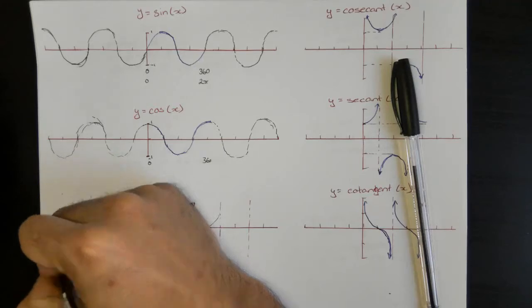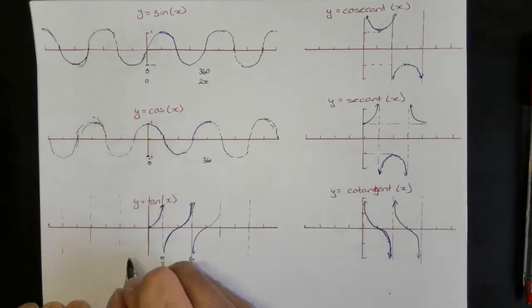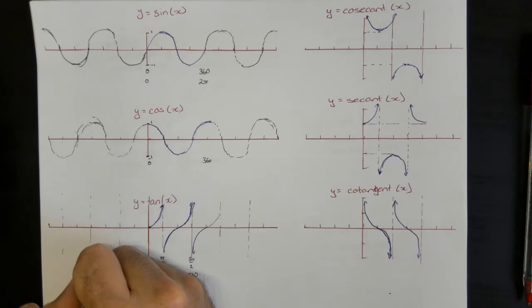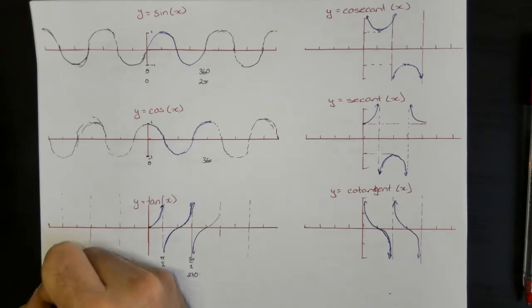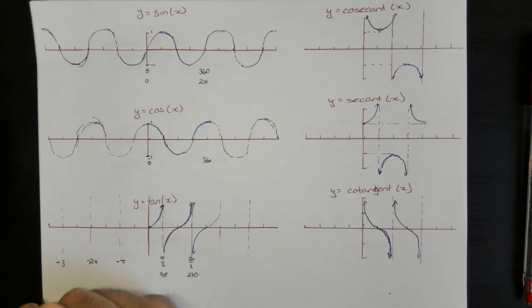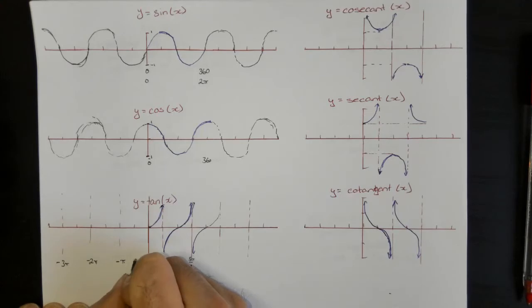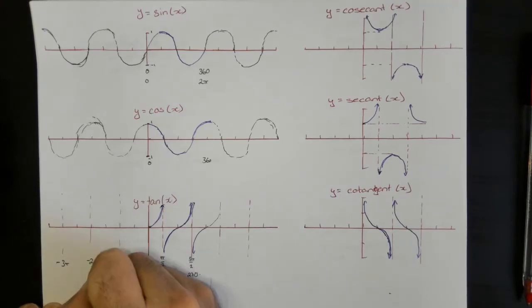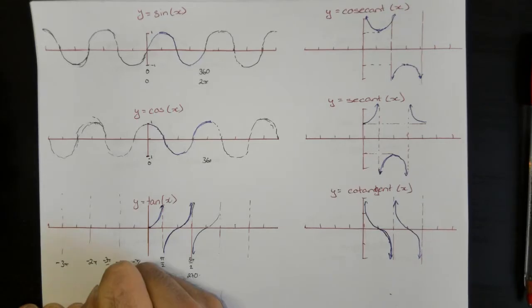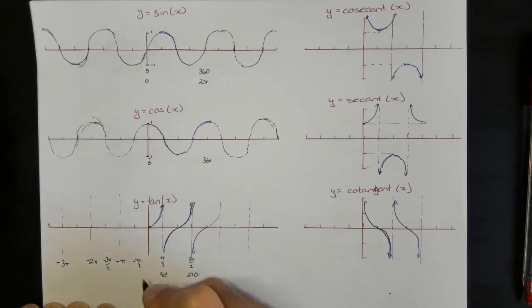Now, if we're going backwards, this would be negative pi, this would be -2 pi, -3 pi. This would be negative pi on 2, -3 pi on 2, and so forth.